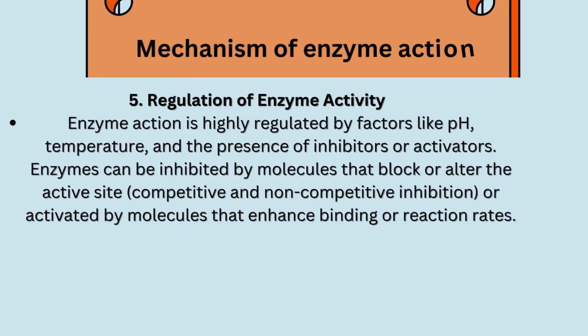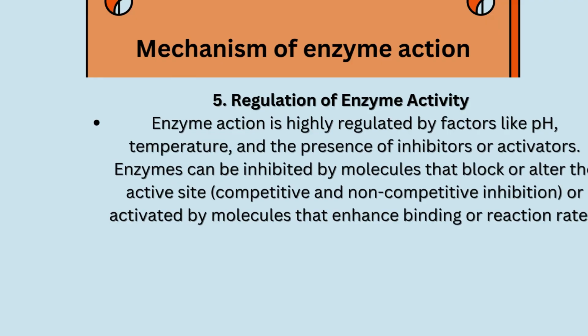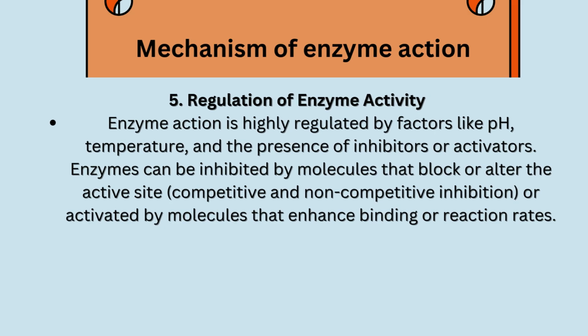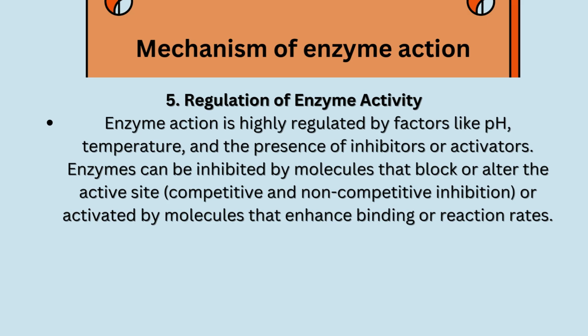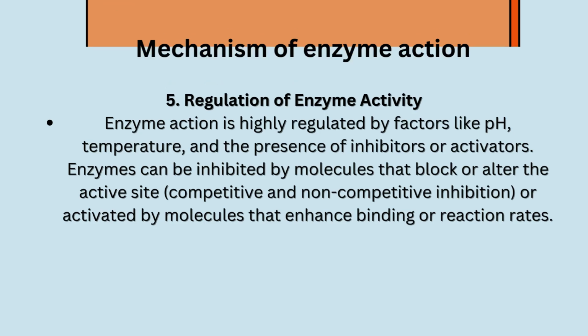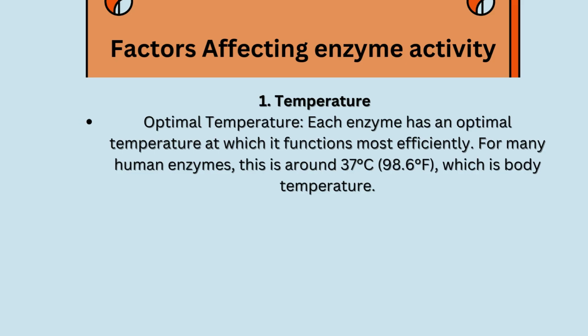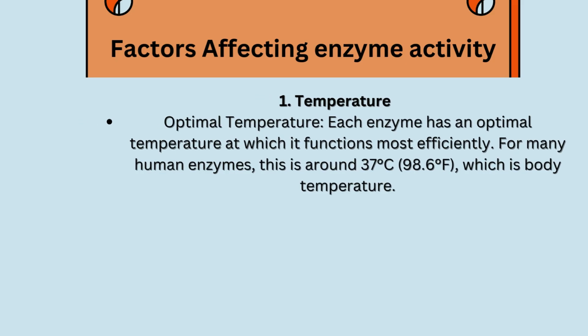Enzyme action is highly regulated by factors like pH, temperature, and the presence of inhibitors or activators. Enzymes can be inhibited by molecules that block or alter the active site, or activated by molecules that enhance binding or reaction rates. The rate of reaction increases with increase in temperature, but up to a limit.